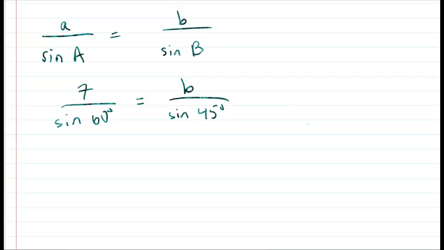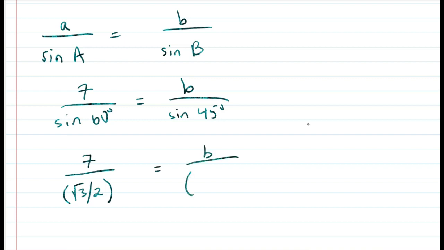Next we'll have 7 over the sine of 60, which is the square root of 3 over 2. And then we have B over the sine of 45 degrees, which is actually 1 over the square root of 2.